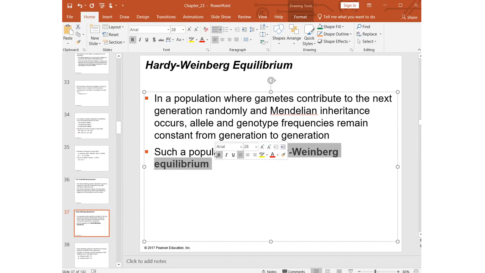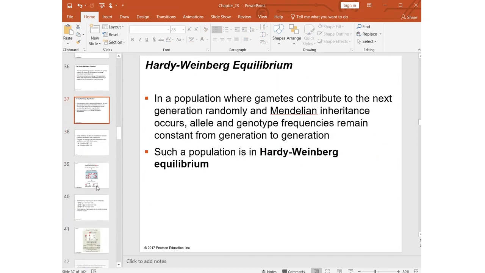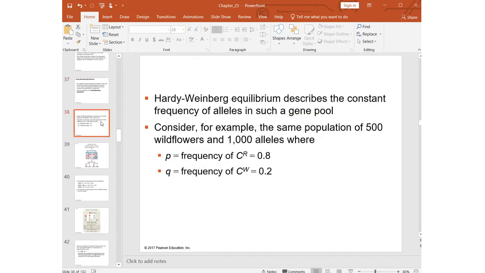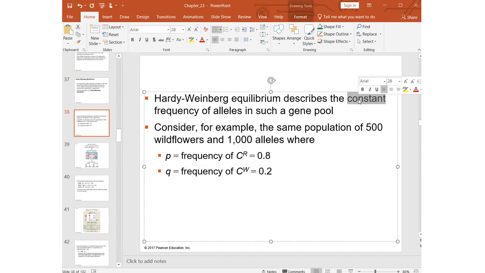We'll look at an example, and we'll see more clearly what they're talking about here. Hardy-Weinberg equilibrium describes the constant frequency of alleles, a situation where the frequency of alleles is not changing in a population, or we think of it as a gene pool.